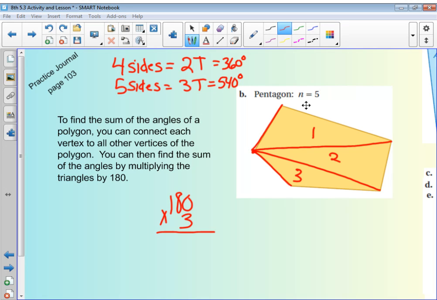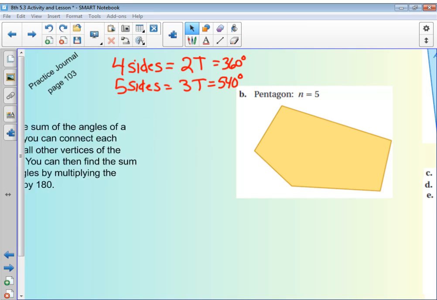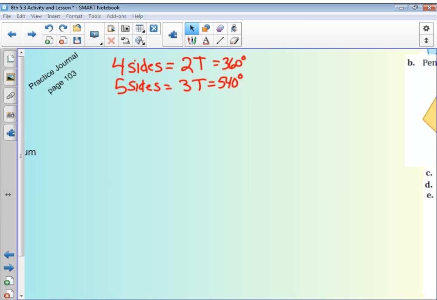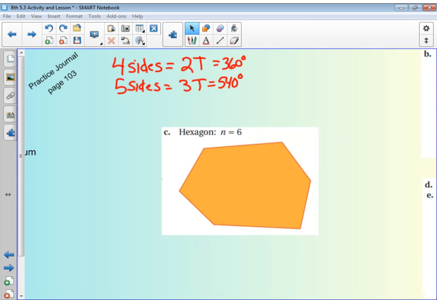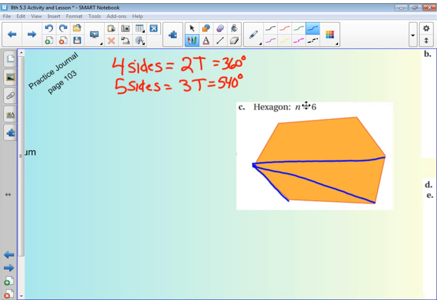You can use your calculators if you need to do that. You don't have to do it longhand. Okay, so let's check letter C here. Letter C, we have a 6-sided figure. So if we do our connecting, already connected, and then we're connected there.